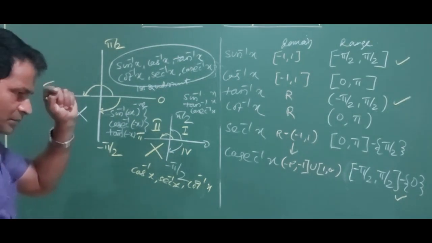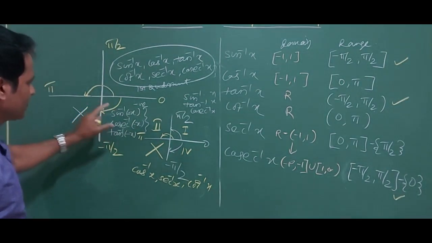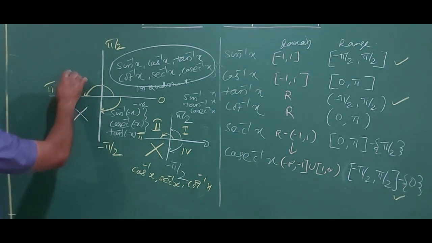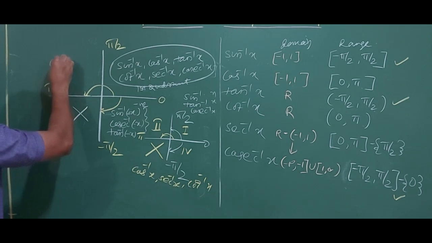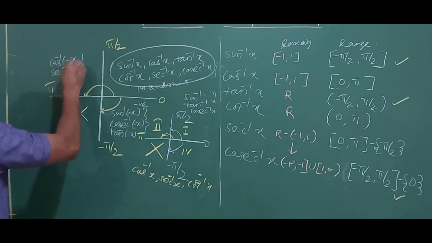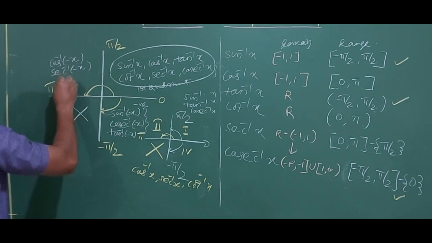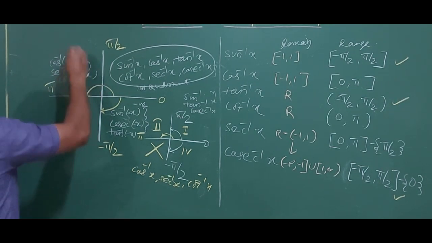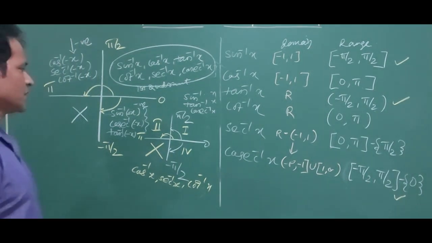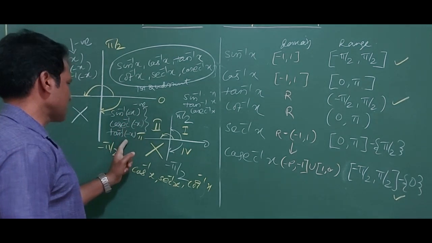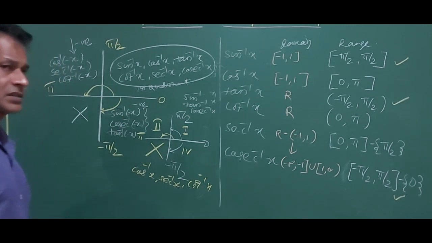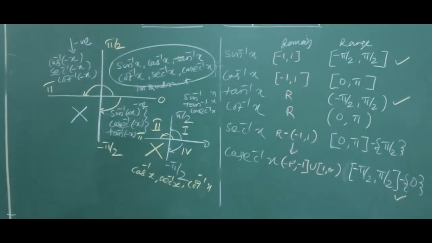If sin inverse is negative, they have to lie in the fourth quadrant, and likewise cosec inverse and tan inverse. Then what about this quadrant? Cos inverse, sec inverse, cot inverse, if they are negative, will lie here. So for positive, first quadrant; sin inverse, cosec inverse, tan inverse negative, fourth quadrant; and cos, sec, cot inverse negative here. Alright?